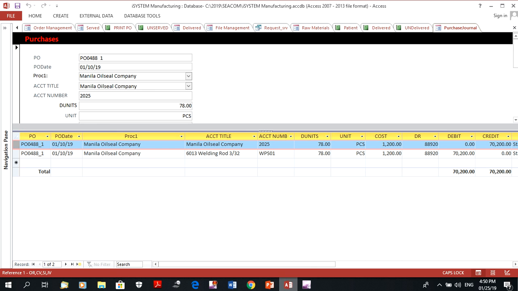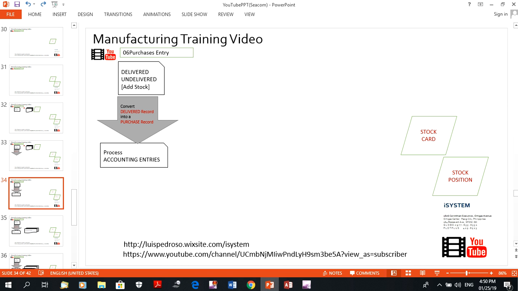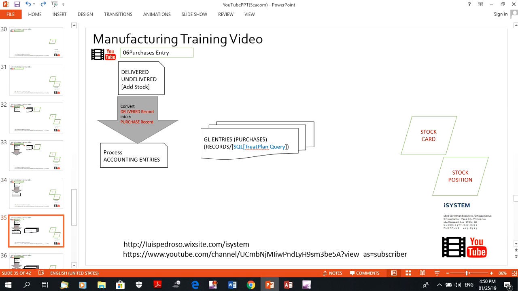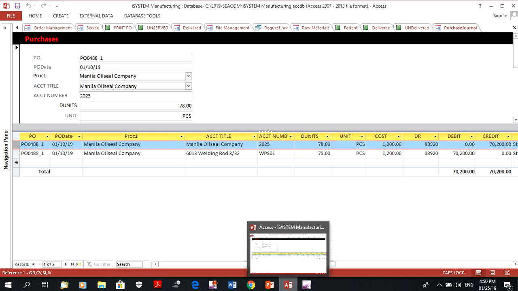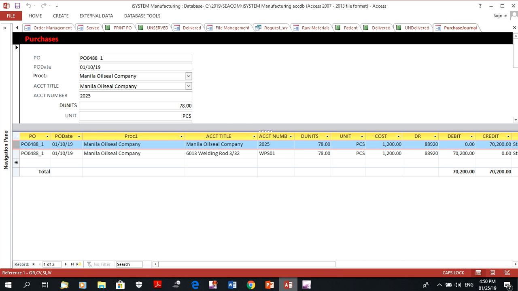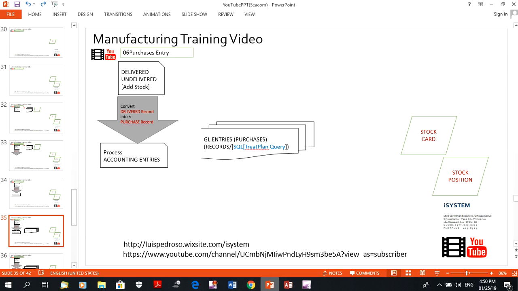Okay, so we're here, process accounting entries, and once you have made your entries and have defined, you should have defined your purchases here.